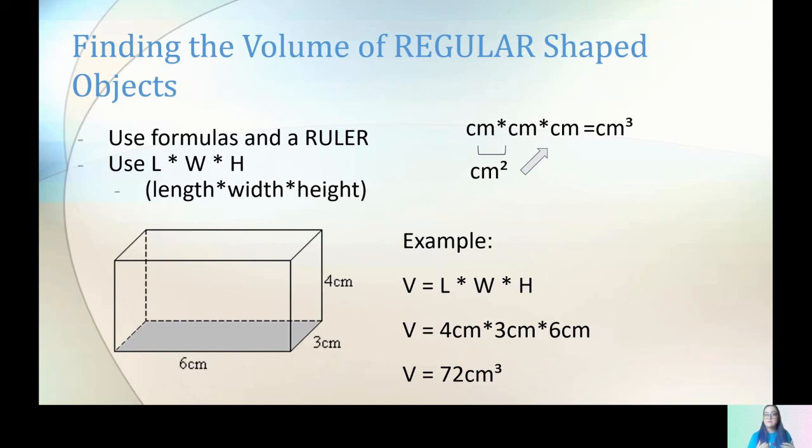There are different volume formulas for different shapes. This is the simplest formula. Prisms, length times width times height. There's, for example, spheres. Those would be 4/3 pi times r cubed, where r is the radius of the sphere. But don't worry, I won't have you memorize all these volume formulas.